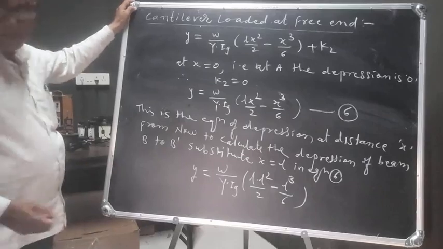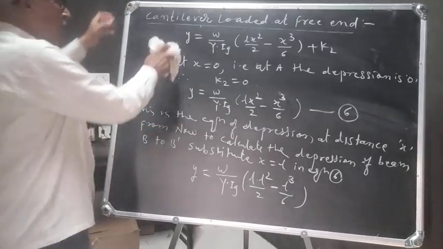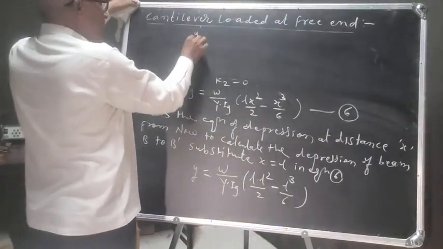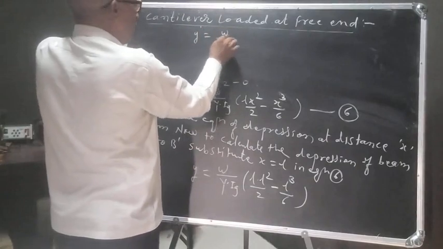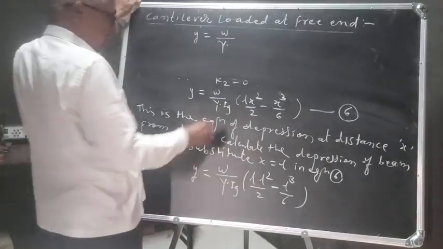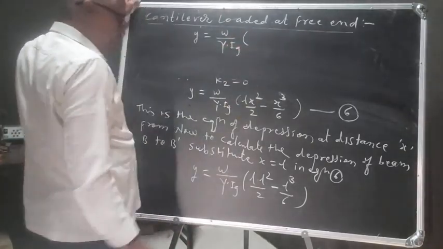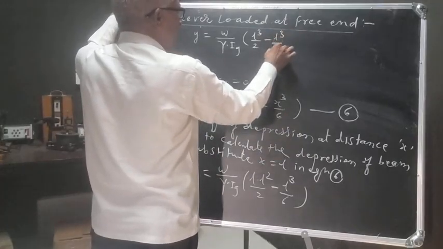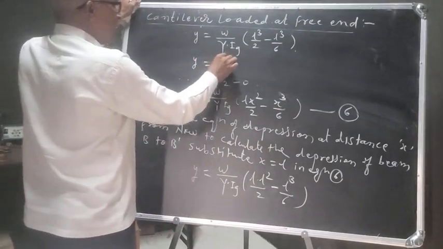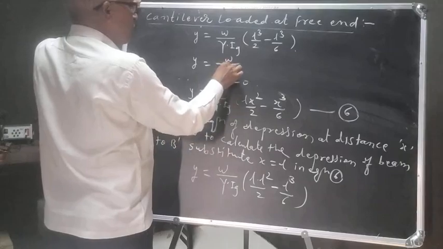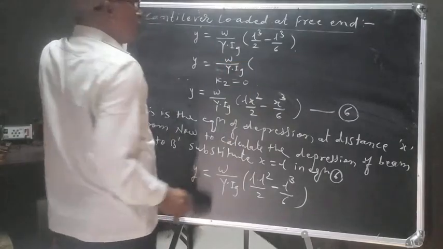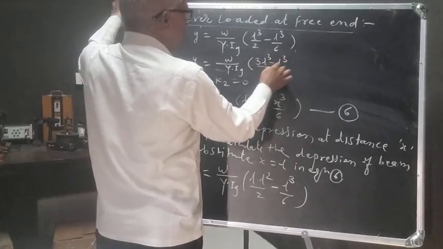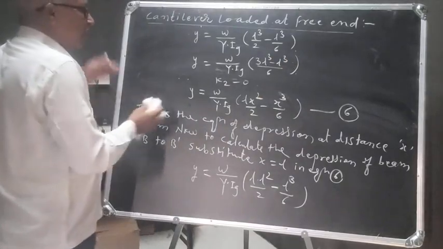Now we solve this equation and write it in simplified form: y equals W upon Young's modulus Y into Iz, into (L cube upon 2 minus L cube upon 6), that is W upon Y into Iz, into (3L cube minus L cube) upon 6, taking the LCM.